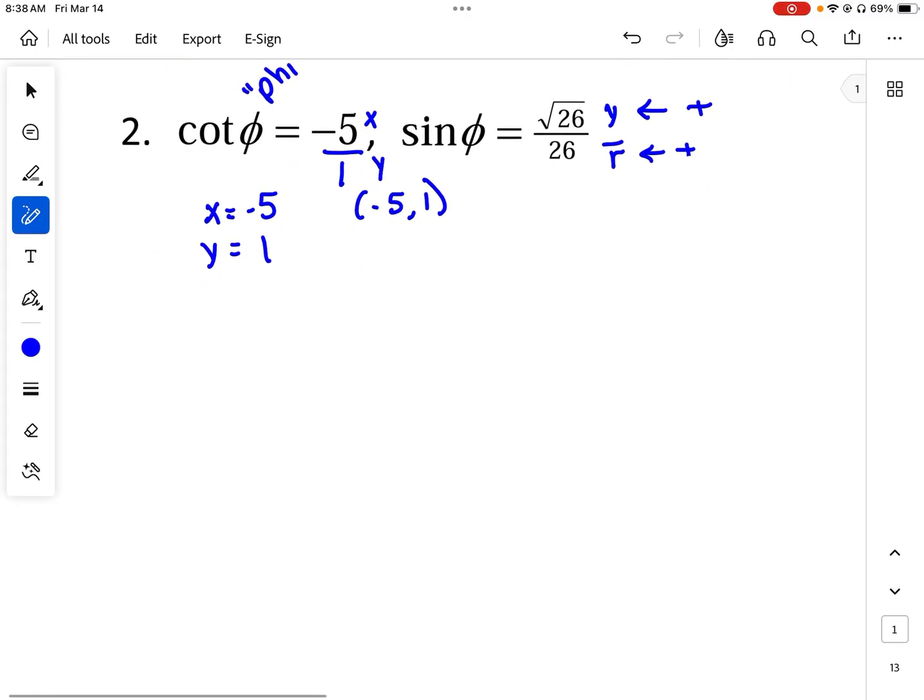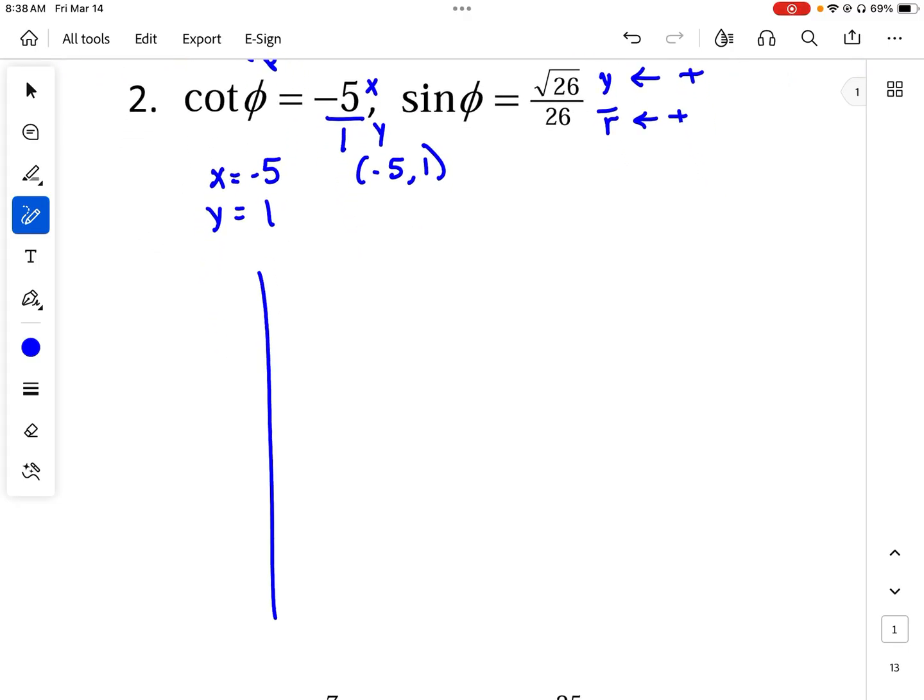So -5, 1 is the coordinate that we are going to graph. So -5, 1 will be here in quadrant 2. There we go.